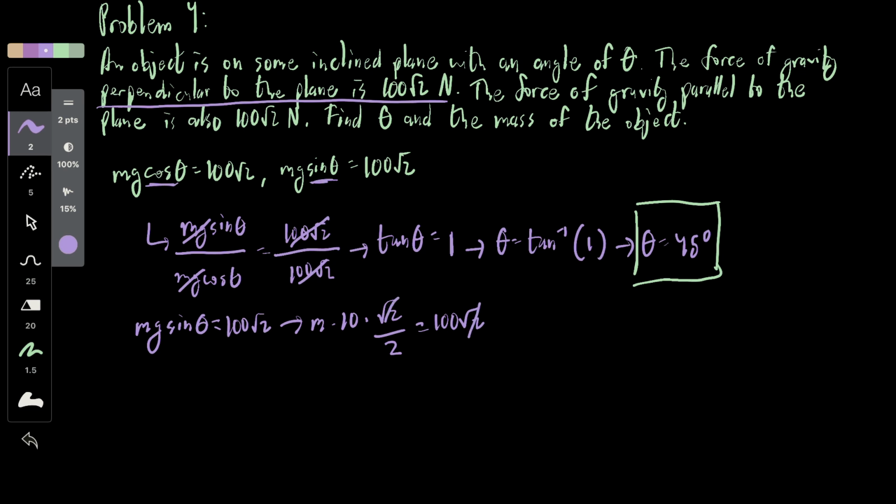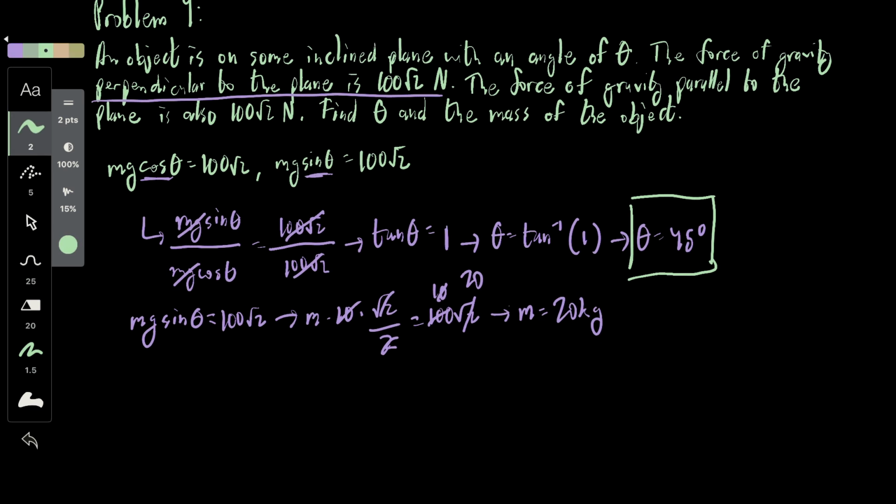Now, square root of 2 times square root of 2 cancels out. Dividing by 10 on both sides gets us 10, and then multiplying by 2 gets us 20. So our mass is equal to 20 kilograms, and that is the second answer to this problem.